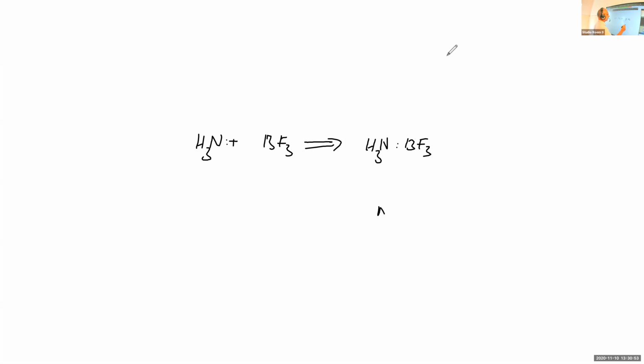See, the structure will be like this: hydrogen, hydrogen, hydrogen, and here there is BF3. The donation of electron pair can be shown by a small arrow like this. The arrow head is towards the electron pair acceptor, and such a bond is called a coordinate bond.